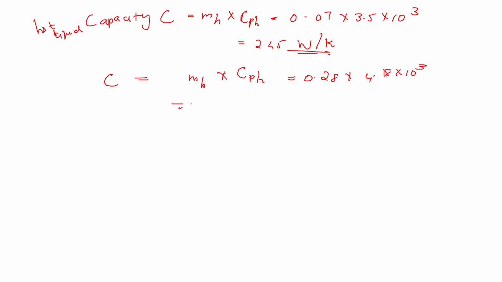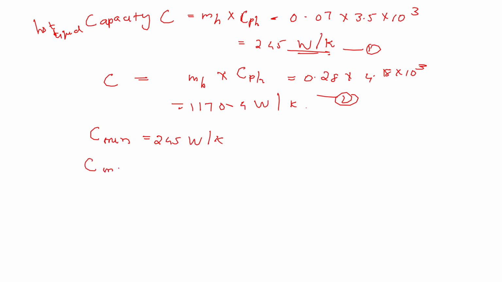So it will be 1170.4. We can call the first equation 1 and this equation 2. From equations 1 and 2, C minimum will be 245 and C maximum will be 1170.4 watt per Kelvin.